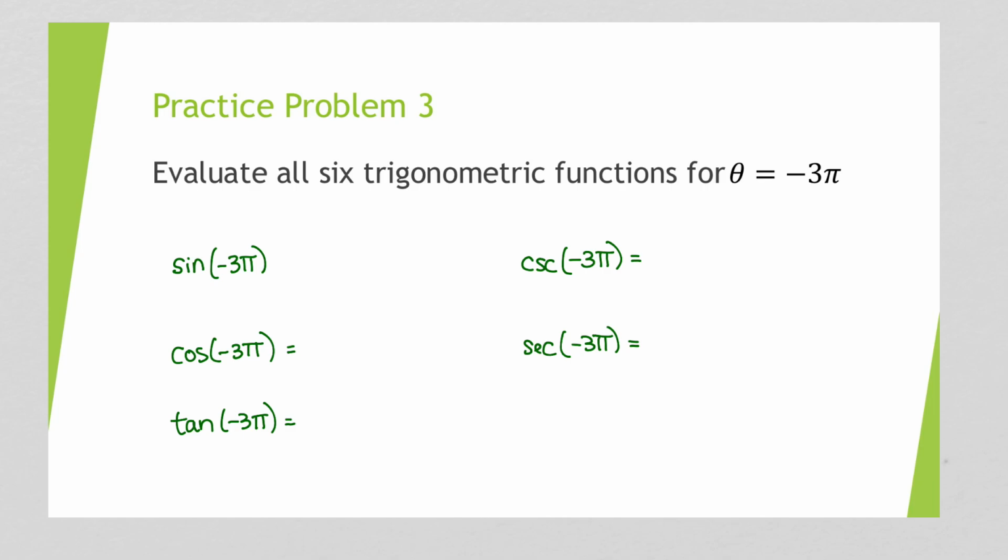And the reciprocal of tangent is the cotangent of negative 3 pi. And remember, when we take a trigonometric function of an angle, what we get back is a ratio. So try those, and then I'll throw up the answers so you can check. Take a moment, pause the video, try those.